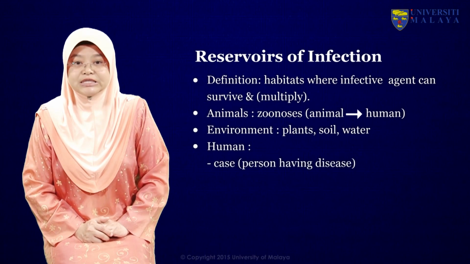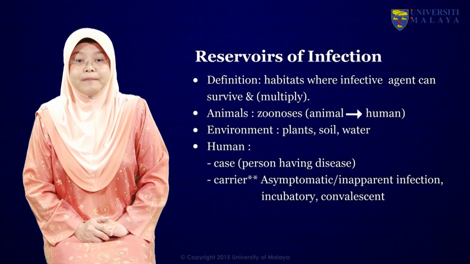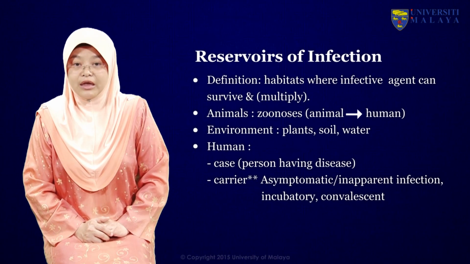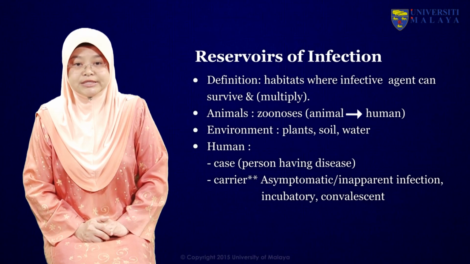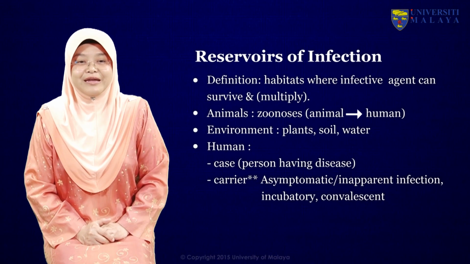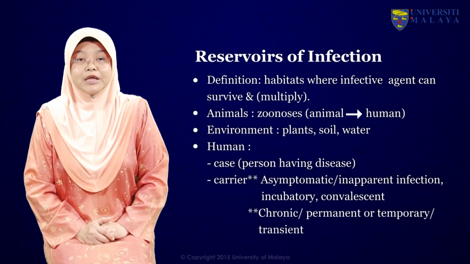such as a case, a person who is actually having a disease, or a carrier, who is having an infection but is asymptomatic, has an inapparent infection, or is in the incubation state or convalescent state. A carrier can be subdivided into chronic carrier, permanent or temporary, or transient.